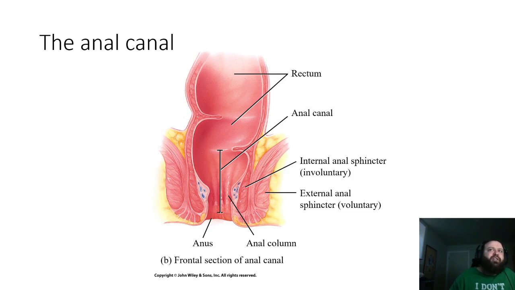The reason for that should be clear: as the chyme is moving through the large intestine, the water is being absorbed, and so the feces is starting to form. It's starting to become more solid. And whenever you have solid material, the tube containing that solid material is going to need a stratified squamous epithelium. Okay, so that ends our short and brief tour through the digestive tract.